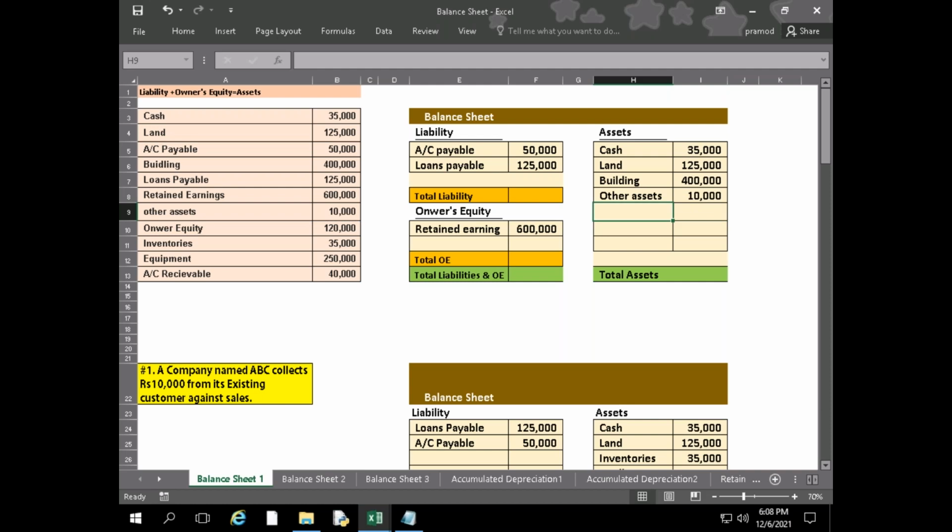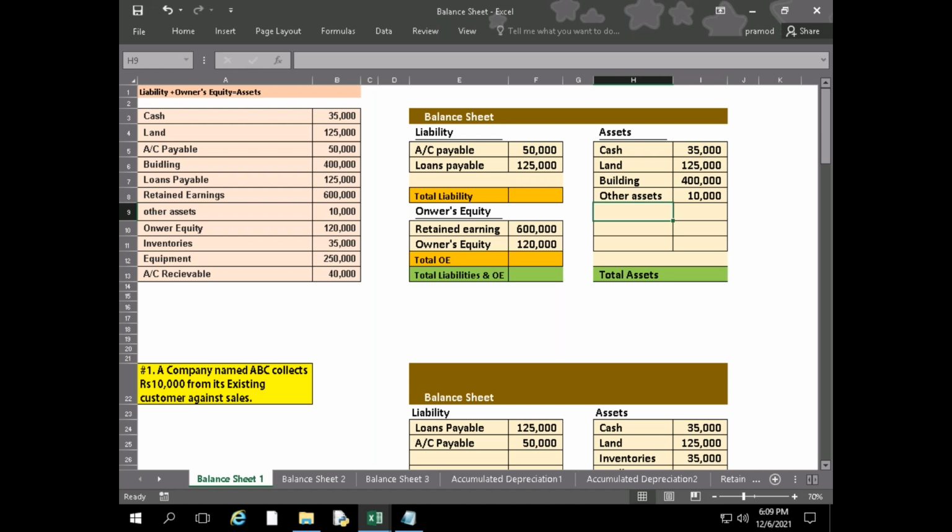Owner's equity is also nothing but a liability which comes under owner's equity. That is 1,20,000.